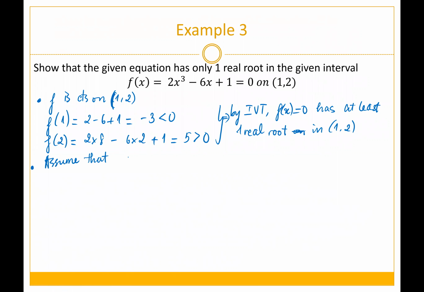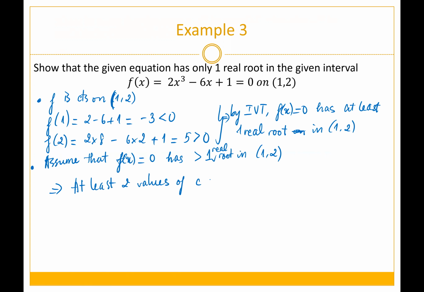So we're gonna assume that f(x) equal to 0 has more than one real root in 1 to 2. Which means that you're gonna have at least two values c and d such that f(c) equals f(d) equals 0, with c and d belonging to 1 and 2.